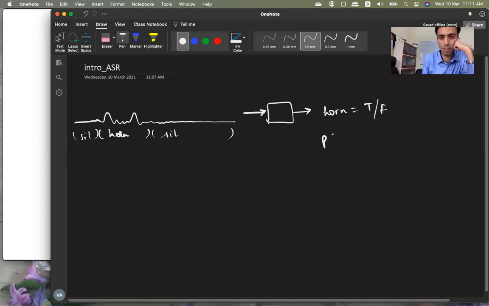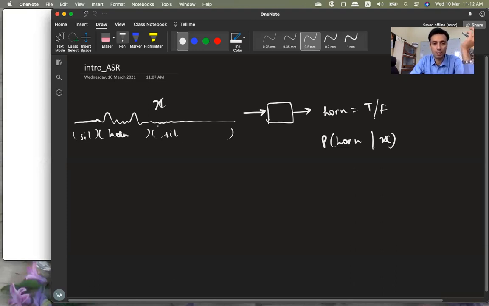So what is the probability of horn given my input sequence X? This is my input sequence X, which is the waveform. Or you could extract some features like MFCC features, spectral features, LFB features.